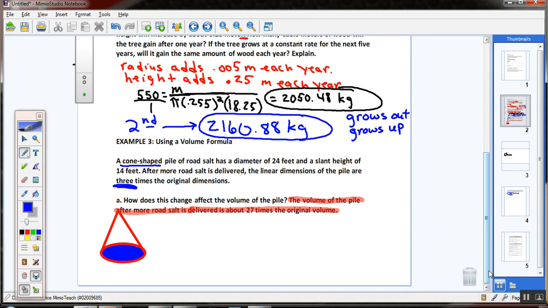So it says a cone shape, blah, blah, blah. I think I forgot to type something in there. Let me check quickly. So we're going to put a little bit more information up here and figure this out.